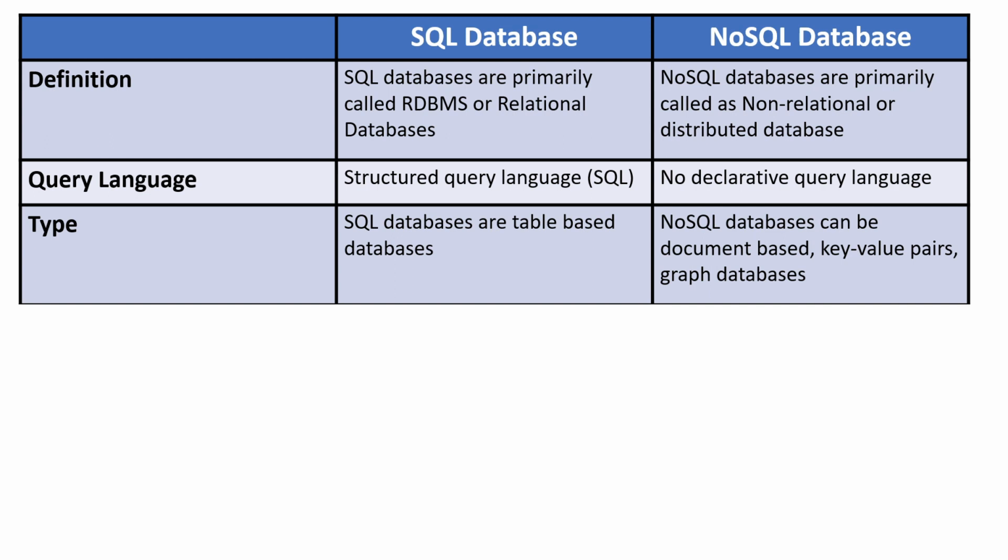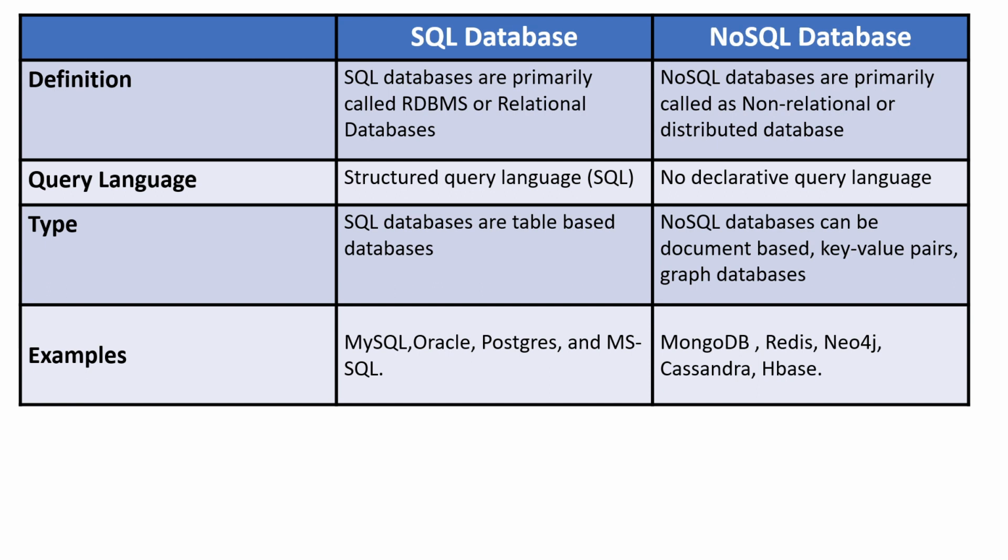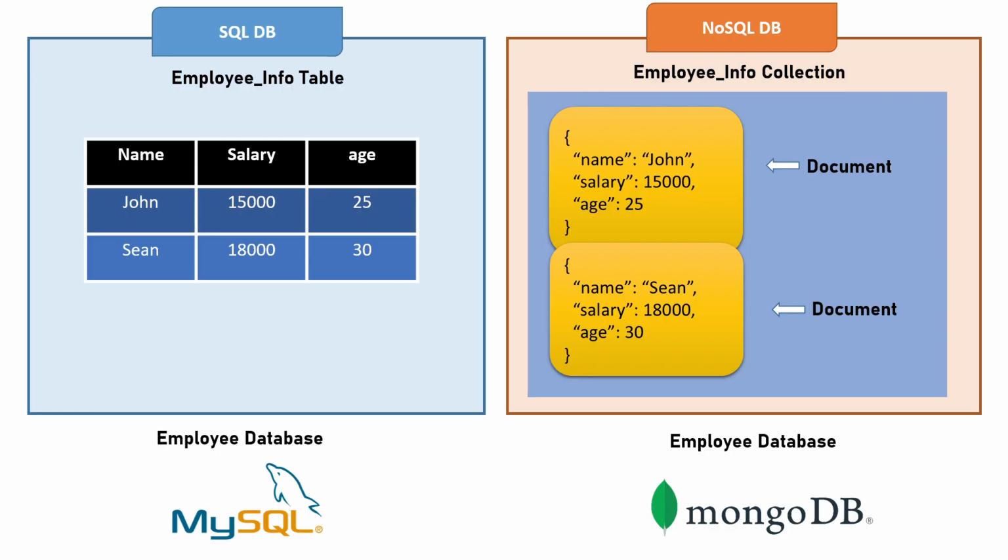For example, MySQL, Oracle, Postgres, all these are SQL databases, and MongoDB, Redis, HBase, all these are NoSQL databases. So let's see one example. Here we have one SQL database of MySQL, which is employee, and another NoSQL database of MongoDB with the same name employee.